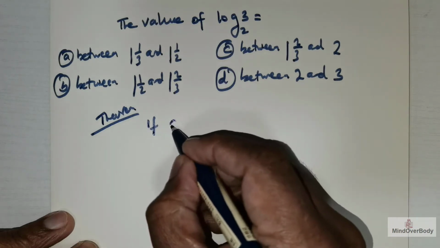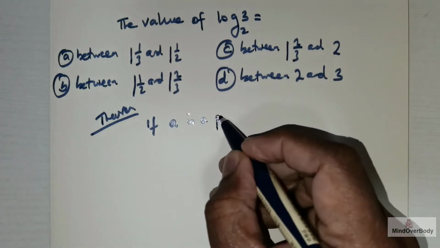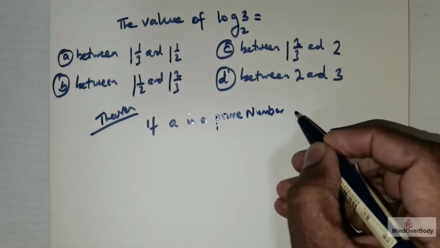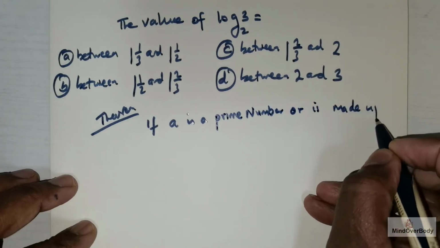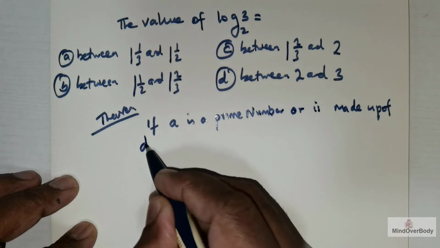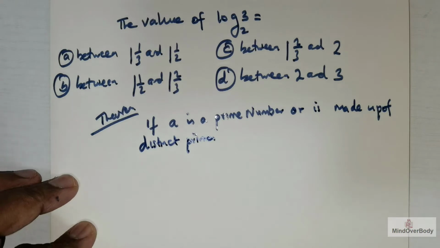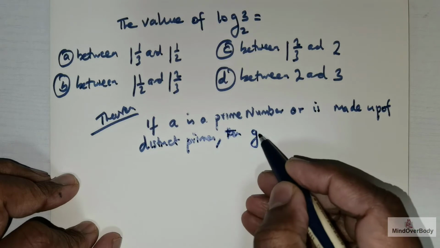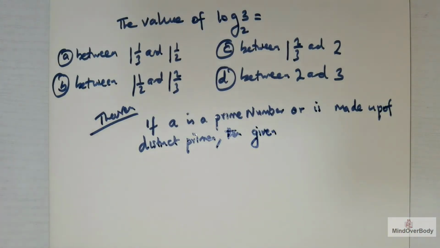If A is a prime number or is made up of distinct primes, then given a B, now the question is what is going to be that B?